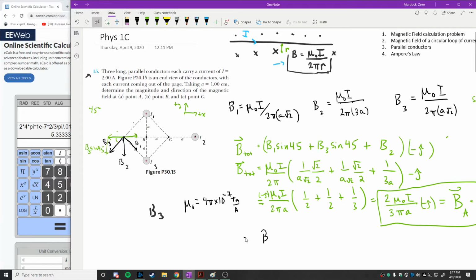So we get the magnetic field at point A is equal to that. That's the answer. You could also write this in a cleaner way as 53 microtesla. It's a little easier to read than the scientific notation, but you have to know what micro means.